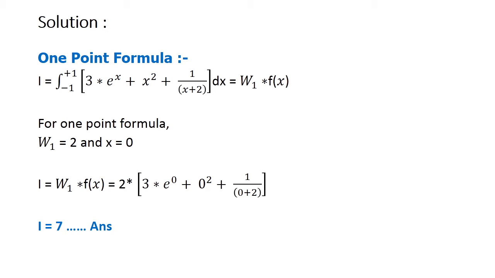This entire equation is expressed in terms of the variable x, and therefore we have written f of x. If the equation had been expressed in terms of y, we would have written w1 into f of y. If the equation had been written in terms of z, that is 3 into e raised to z plus z square plus 1 upon z plus 2, we would have written w into f of z.